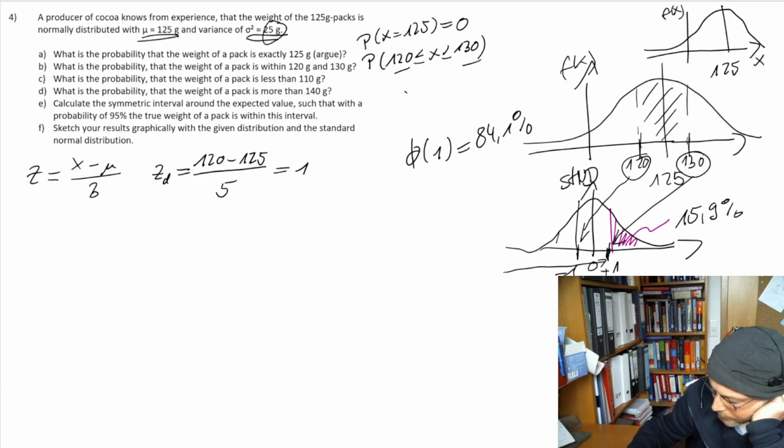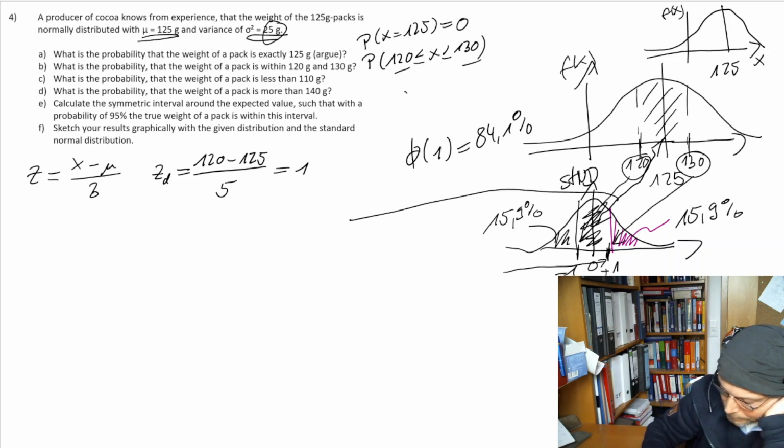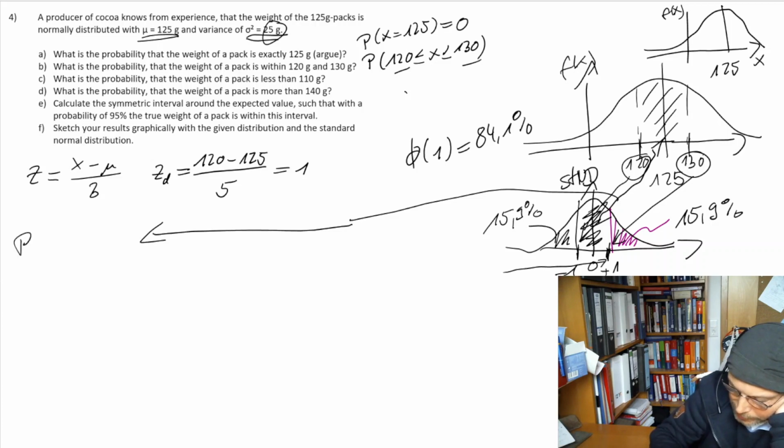Also, this probability here is 15.9%. So what is then the area here? The area here equals this area here. Then what is the probability of 120 smaller than x smaller than 130?